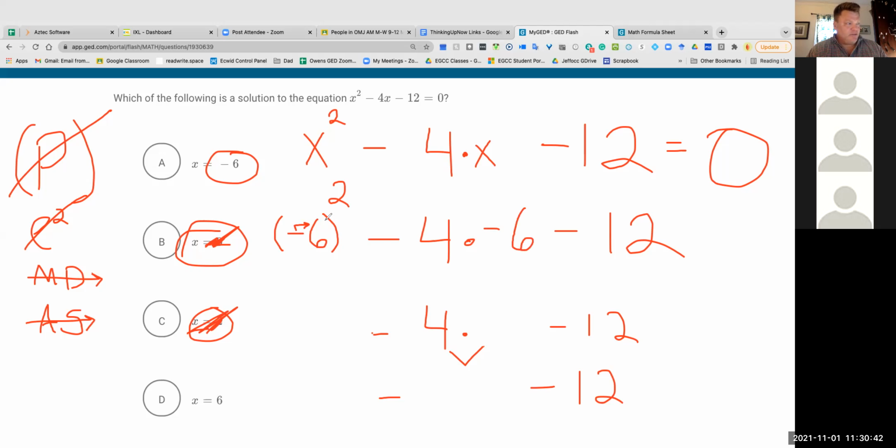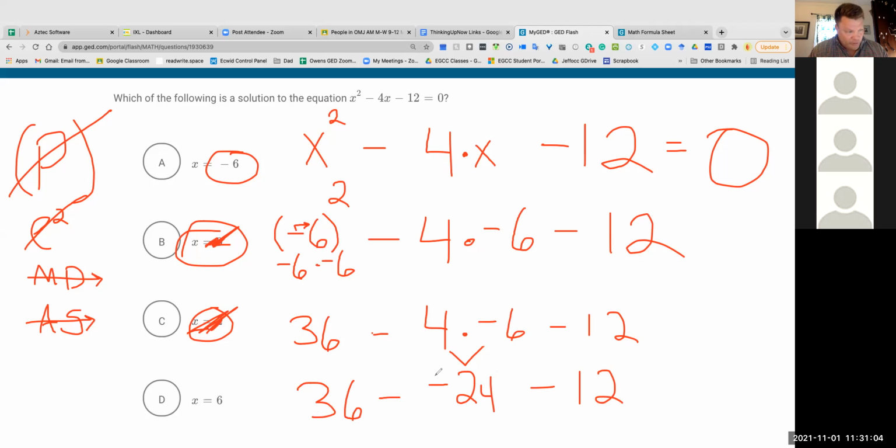So -6 squared is -6 times -6. And that, the calculator says, is positive 36. 4 times negative 6 is negative 24, says the calculator. Everything else comes on down.